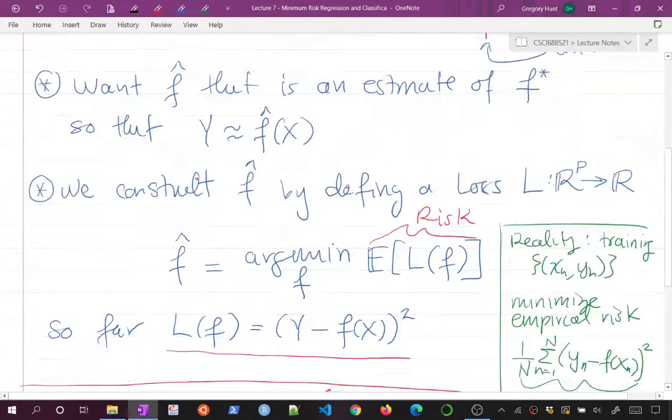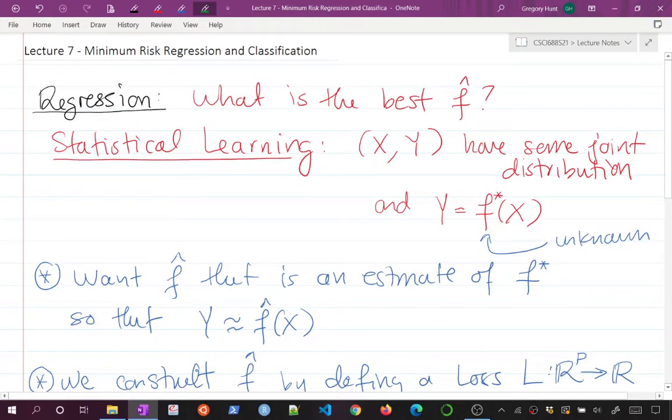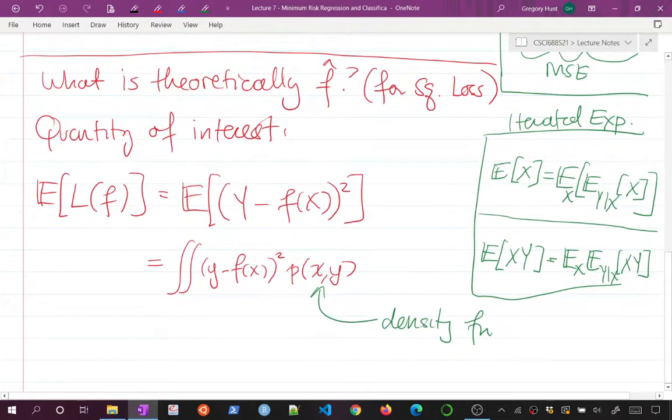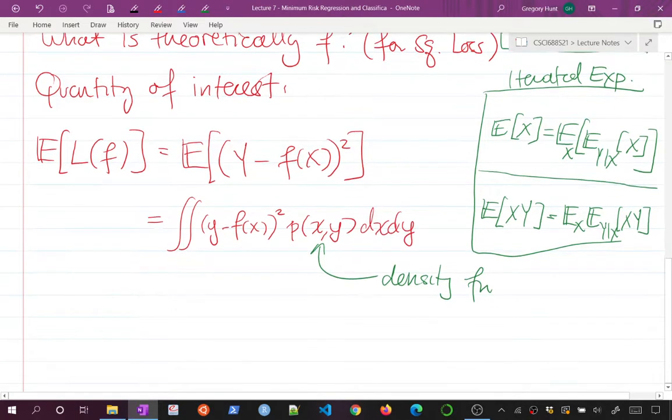So when I said way back up here that x and y have some joint distribution, let's call that p of xy, my bivariate distribution. Then I multiply by that, and then I do dx dy. So this is my definition of bivariate, or whatever multivariate, expectation.